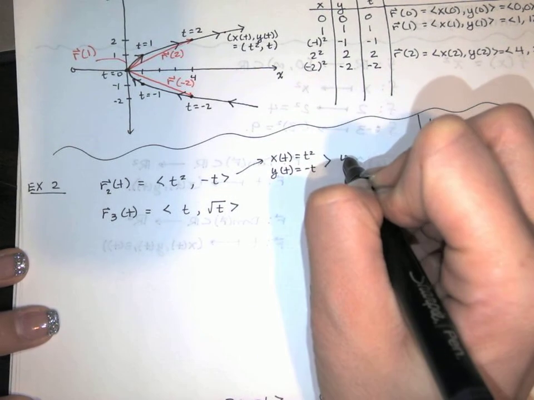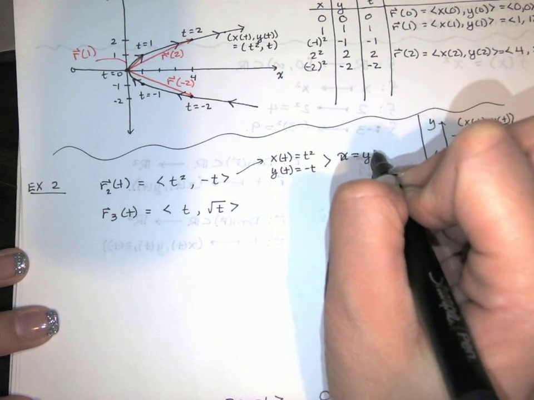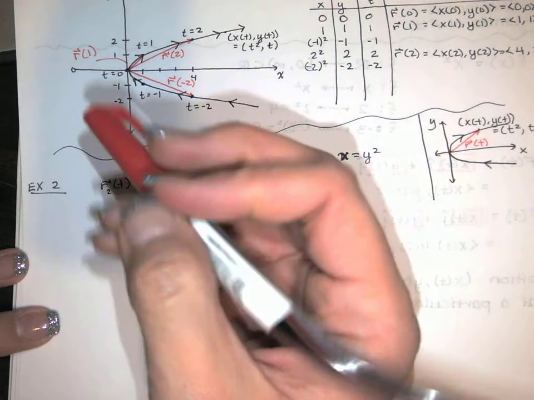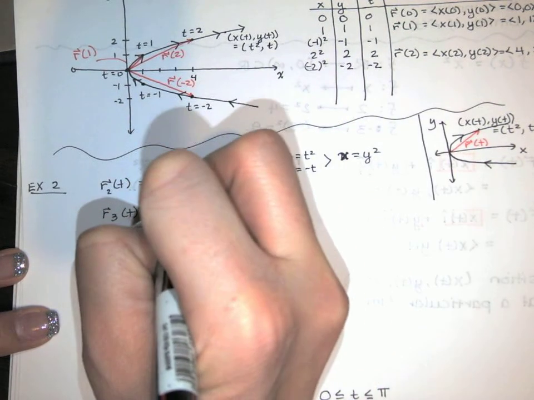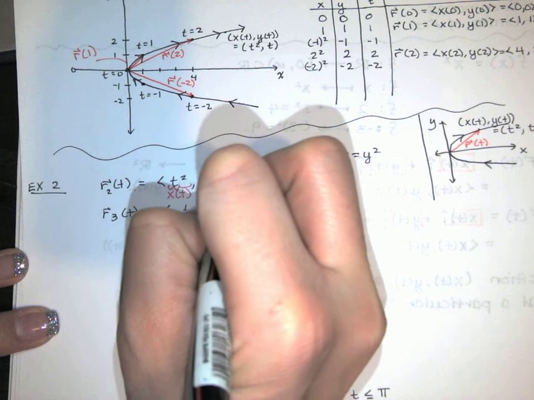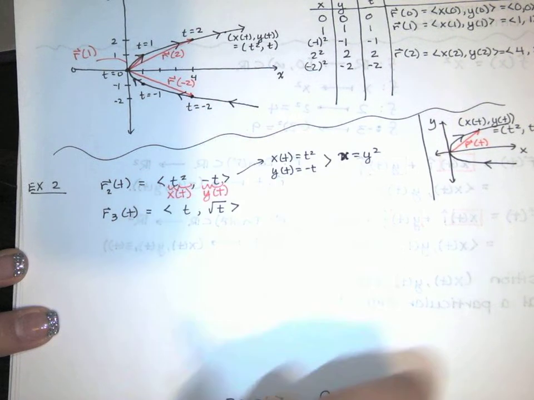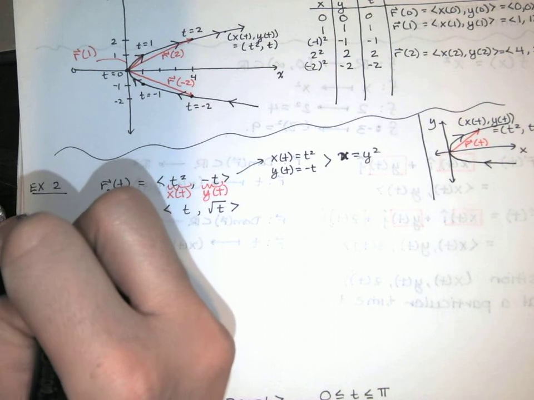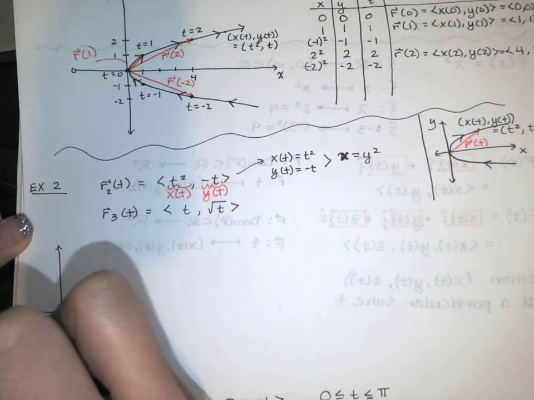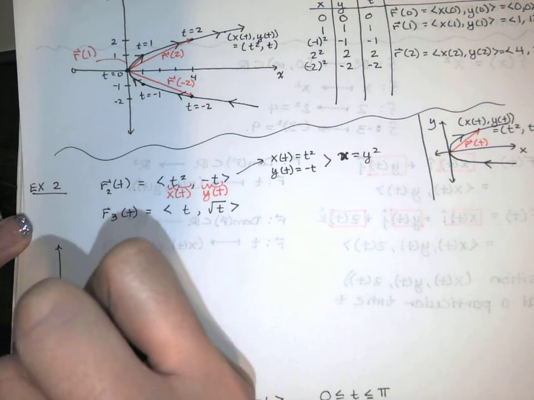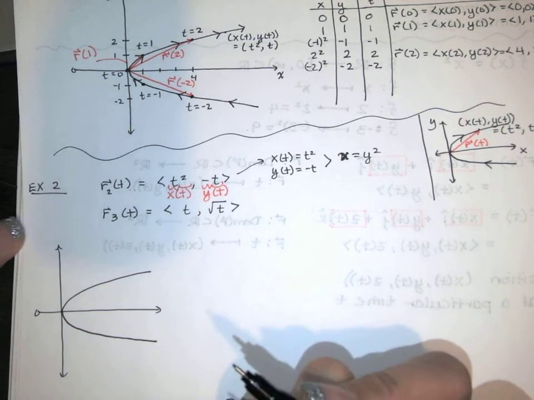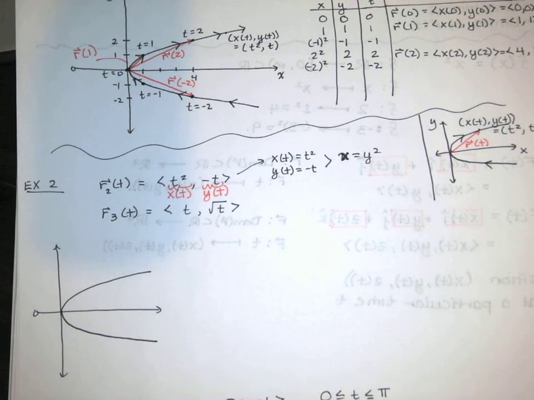So this is also given by x equals y squared. This is my x component. This is my y. So r sub 2 of t is just another vector valued function. It looks like this. This time I'm not going to draw all the vectors that point to where you're located, but the same idea holds.